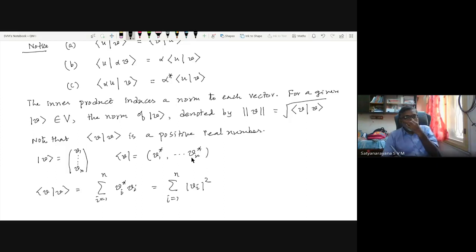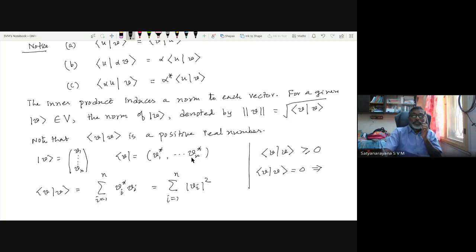Everything is real and positive. This is another property: the norm of V is greater than or equal to 0, and VV is equal to 0 if and only if this V itself is a zero vector, that means a null vector. Every component of V is 0. Only then the norm of that vector will be equal to 0. Otherwise, it is always positive.